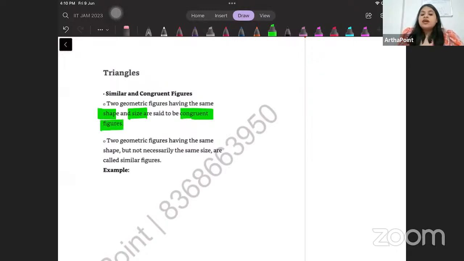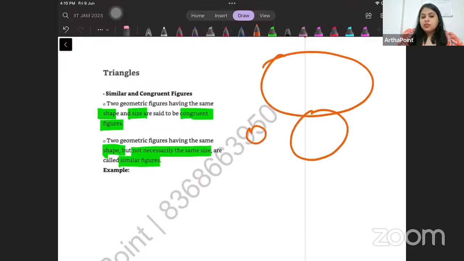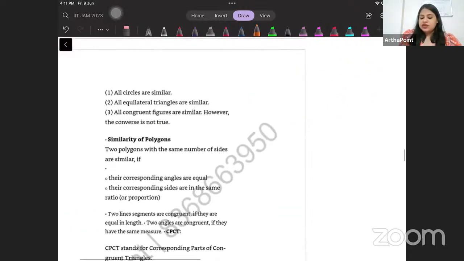Two geometric figures that have the same shape but not the same size, they are called similar. Like all circles are similar, but they don't have the same size. They are not congruent.